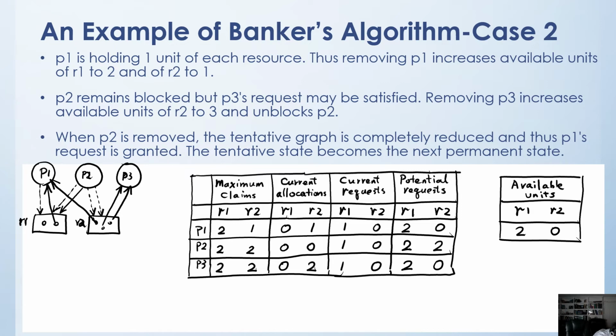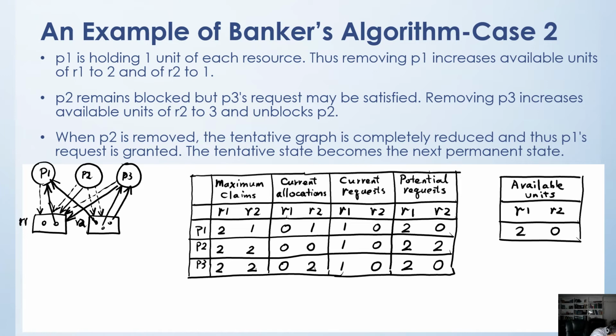We have 1 claim from P3 and 1 request from P3. Okay, so now that's the new state, and we accepted this because we use the banker's algorithm, and we find out changing the request of P1 to R1 does not lead to the deadlock state.